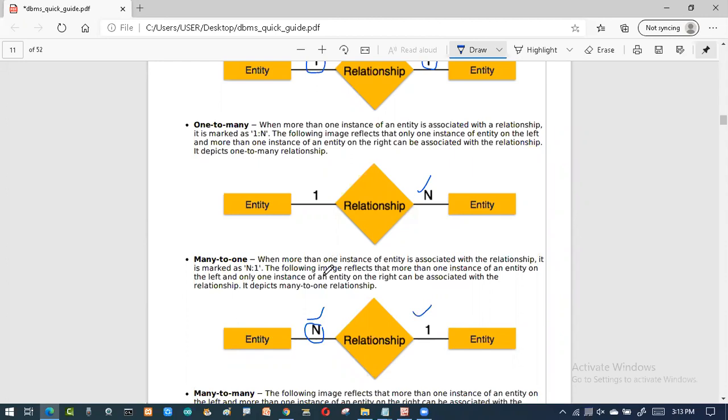So the following image reflects that more than one instance of the entity on the left and only one instance of the entity on the right can be associated with the relationship. This person is dependent on this particular entity n number of times.